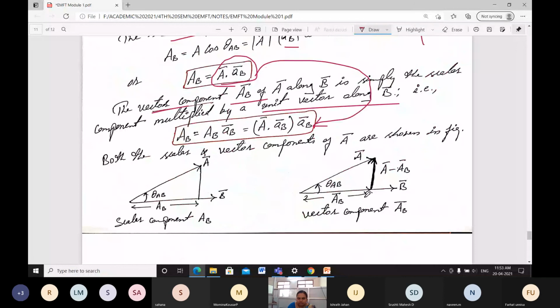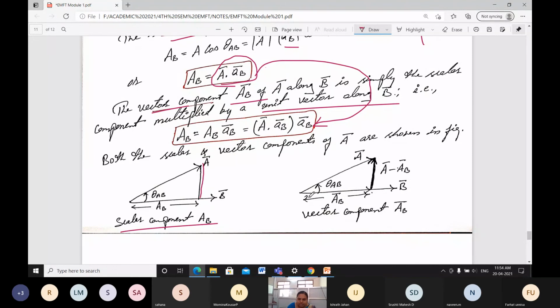Then the figures are showing this is your scalar component. Here B is varying in this direction and A is varying in this direction, vector A. The angle between these is taken as theta_AB. Observe here, the scalar quantity is a straight line from head to tail; you have to draw the diagram.